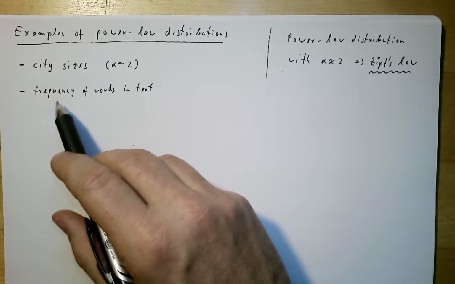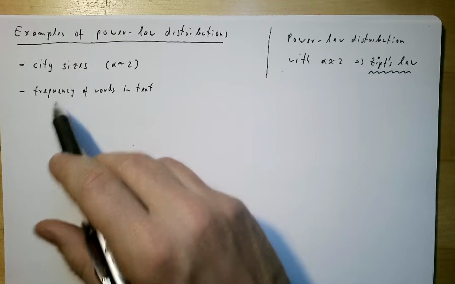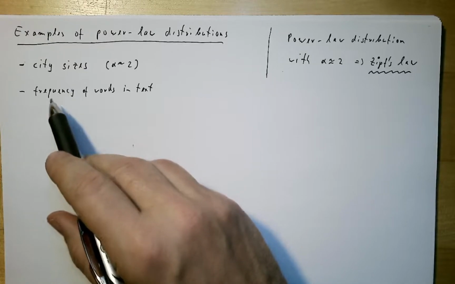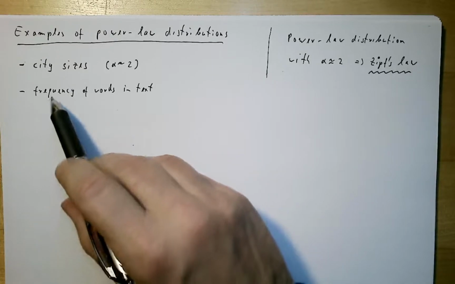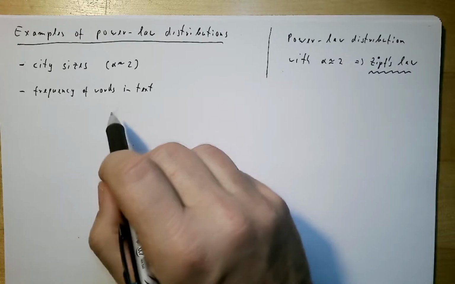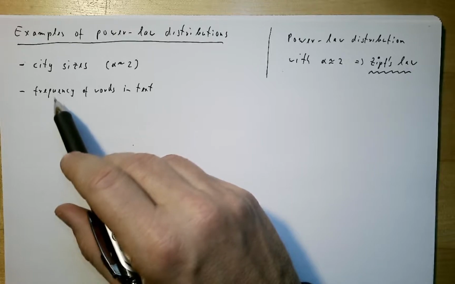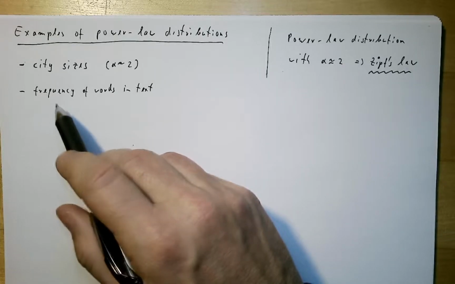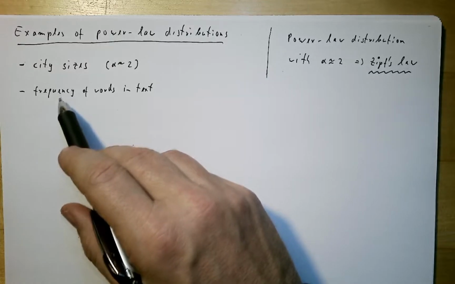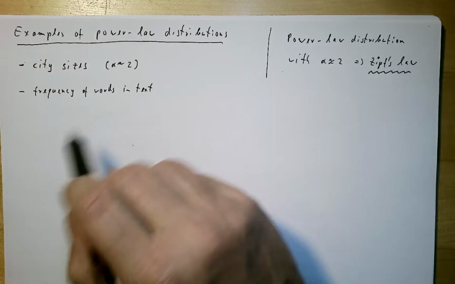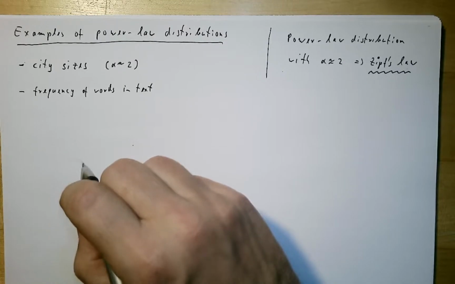For example, they took Moby Dick. They take the book and make a list of all the words. Then they plot the frequency of words in the text, and you have some words which appear very often, but most words appear only once or twice, so specialized terms. And then the frequency probability distribution follows the power law.